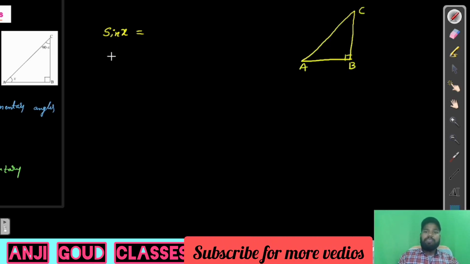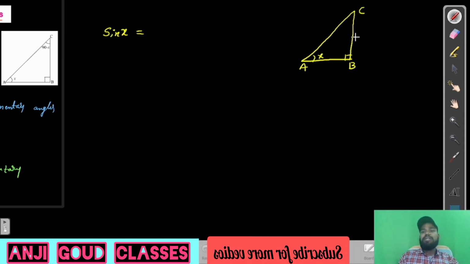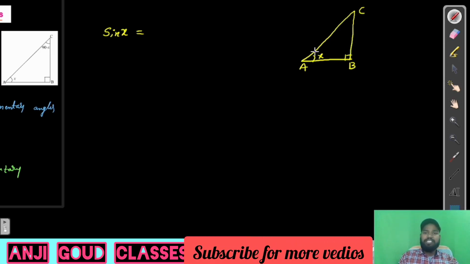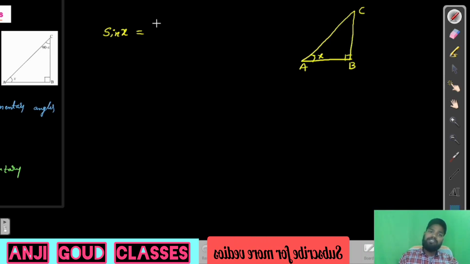Now what is the sin x formula? Sin x formula is opposite by hypotenuse. With respect to angle x, what is opposite here? Opposite is BC.